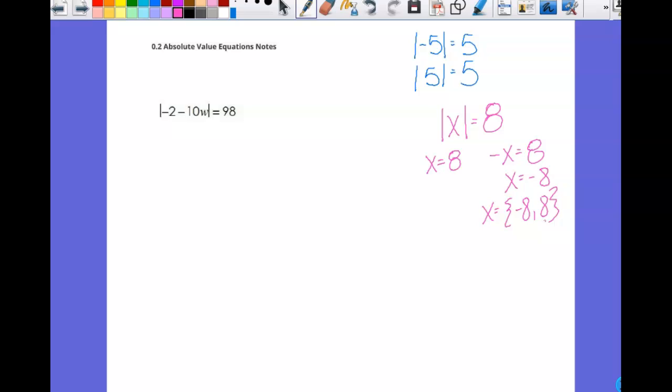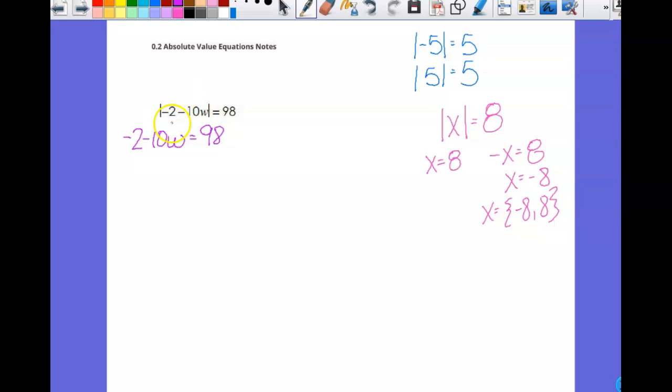So that we can then make this work for equations. All right. So here, I have the absolute value of something equals 98. We're going to model this right here. Whatever's inside of here, negative 2 minus 10w, can equal 98. And I have two things I have to set up.